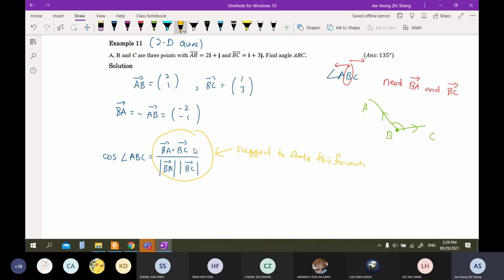I wouldn't say it's a must to state this, but I suggest you state this so that you can make sure that you are using a correct pair of vectors. Also make sure that the vectors involved here are BA and BC, which you can easily identify by starting from the middle, pointing to the two sides, B to A, B to C.